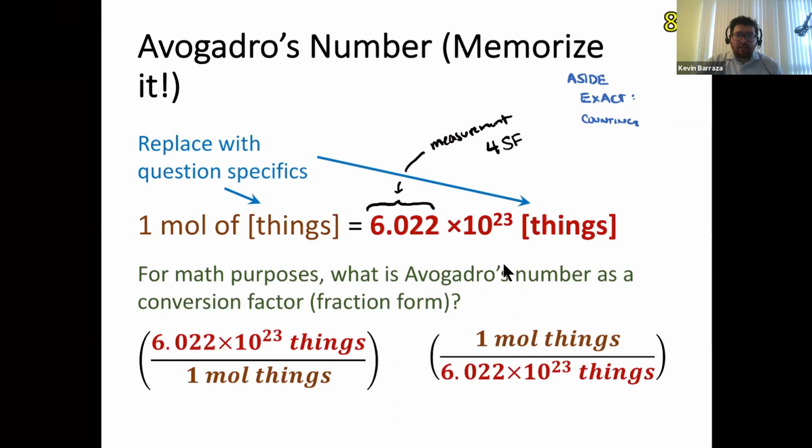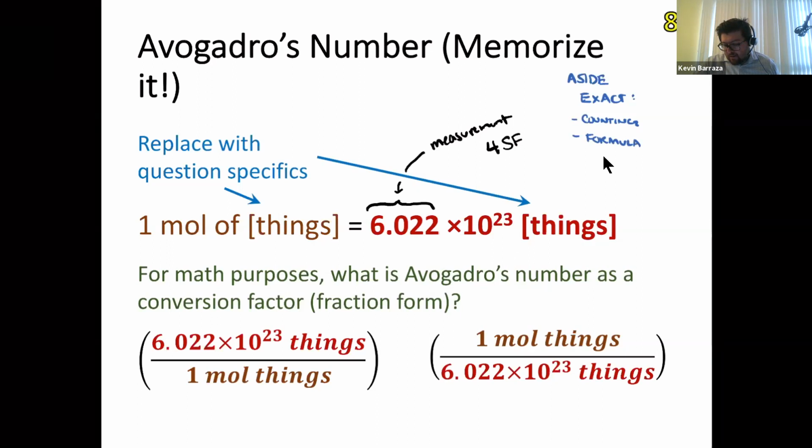So Avogadro's number is not a counting number. It was actually calculated from experiments, so it does have sig figs. When we say counting number, we mean literally something that'll go 1, 2, 3. Okay, there are exactly 3 there. So it's not a counting number. And just for the sake of completeness, what are the other exact numbers?